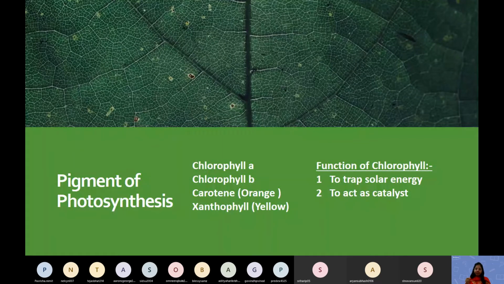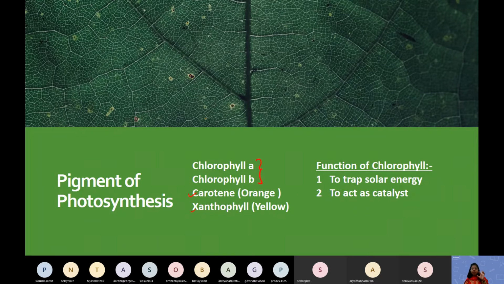They have a definite proportion of other pigments like carotene or xanthophyll. These can also absorb light and play a role in photosynthesis, but their role is very small. Most of the photosynthesis happens by the green pigments, chlorophyll A and chlorophyll B. These are the pigments which actually do the photosynthesis.